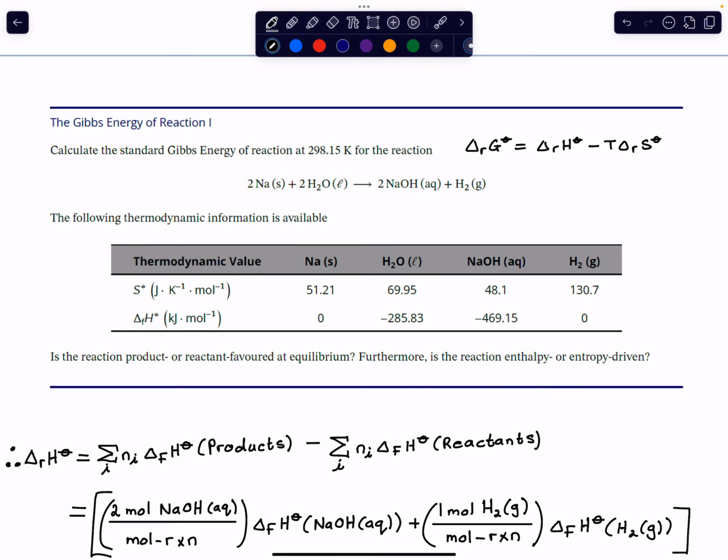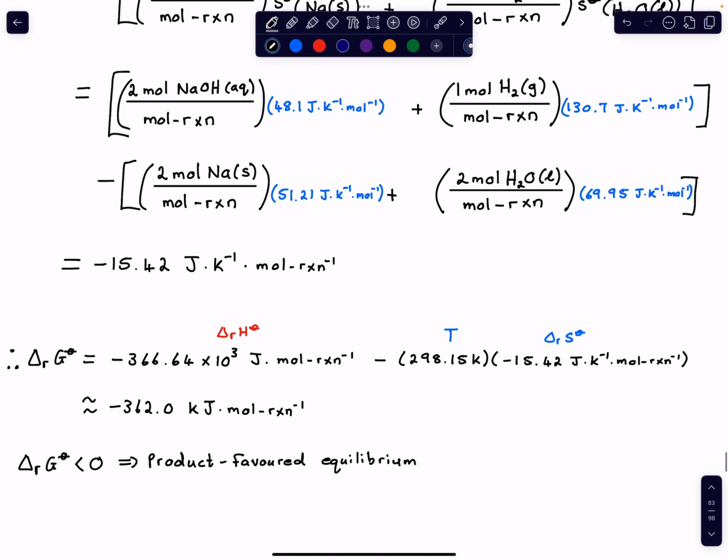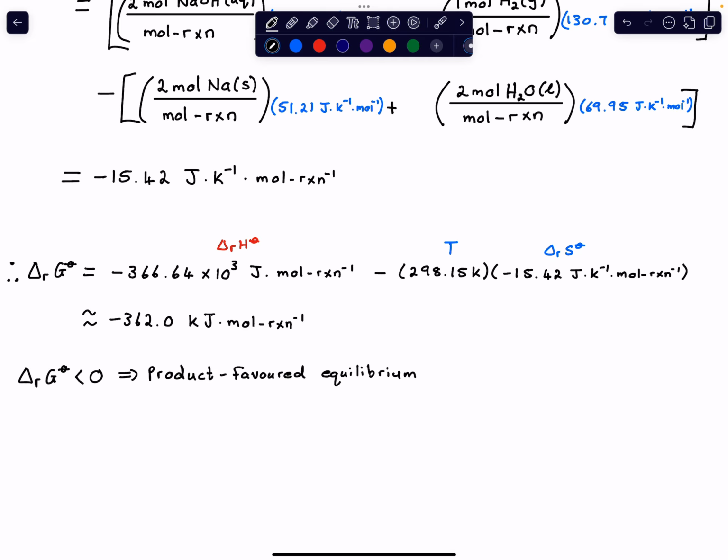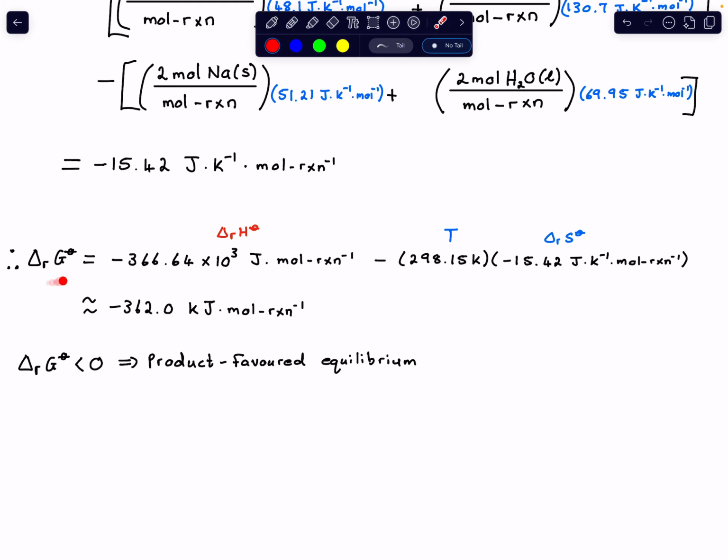Then we have the second question: furthermore, is the reaction enthalpy or entropy driven? The way we assess this is which value, the enthalpy or the entropy, is much larger, and how does that affect our Gibbs energy? We said it's a product favored equilibrium, so what value here is causing the Gibbs energy to be negative?